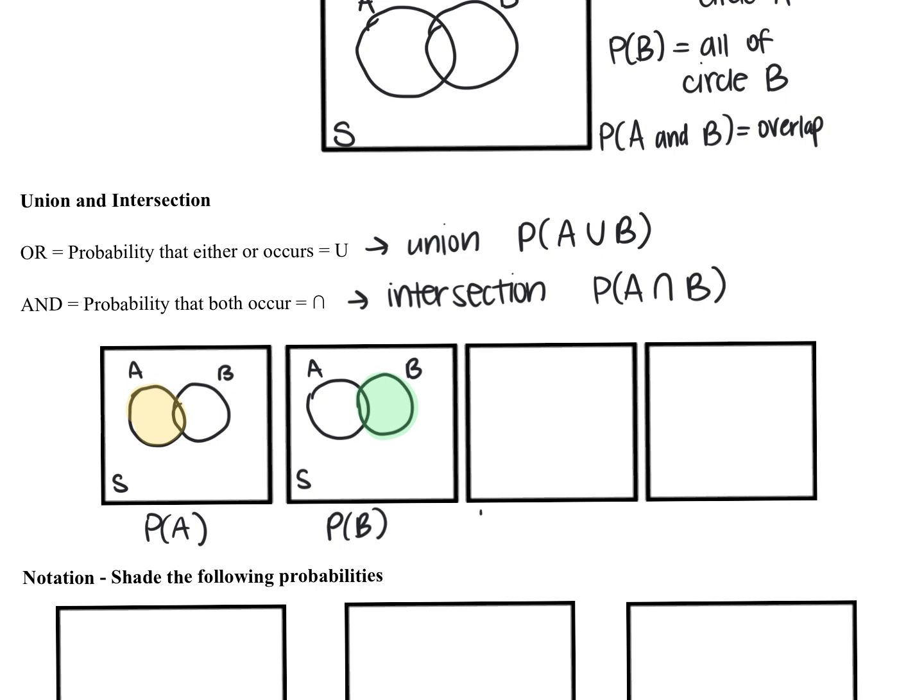Next, we have the probability of A and B, which is just the overlap, which would be just everything in the middle. And then let's look at the probability of A or B. So we have our sample space.